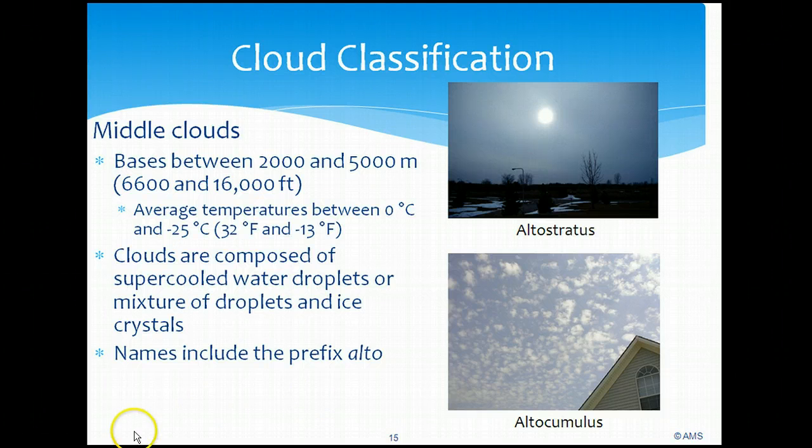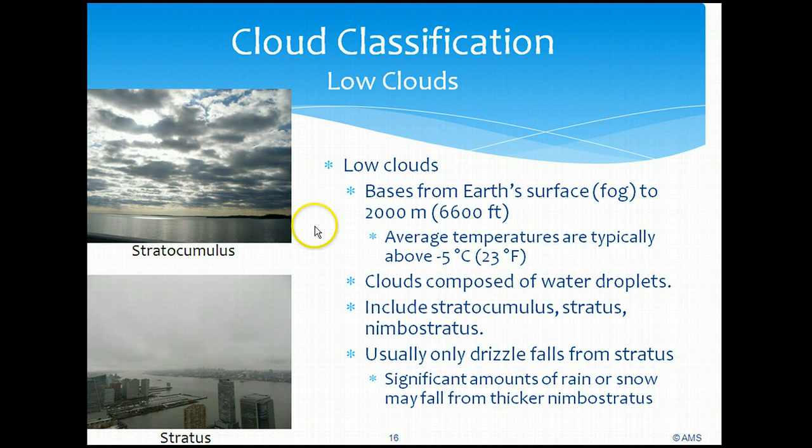Low clouds reach from the base of the Earth's surface, which we call fog, to a little bit over a mile high. The average temperatures are warmer than the other two cloud types we talked about, and they are composed primarily of water droplets.